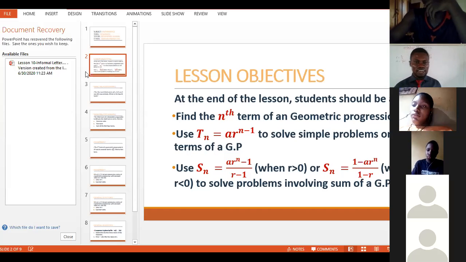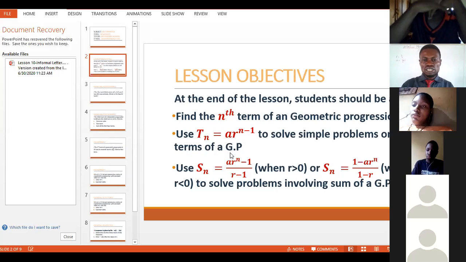But remember very well, there are 2 variations. Please listen carefully to know when to use which one. If you are using the first formula, r must be greater than 1. If you are using the second formula, r must be less than 1.